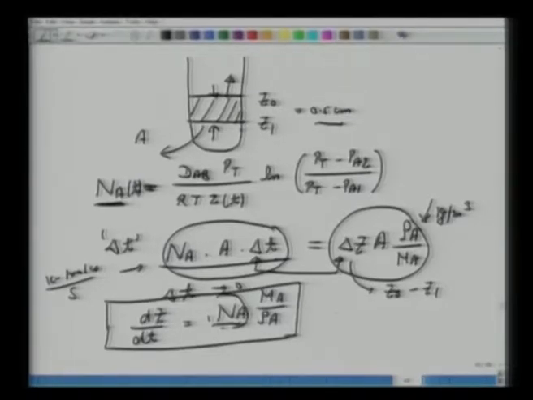So again we have made use of PSSA, the pseudo steady state approximation, the quasi steady state approximation.